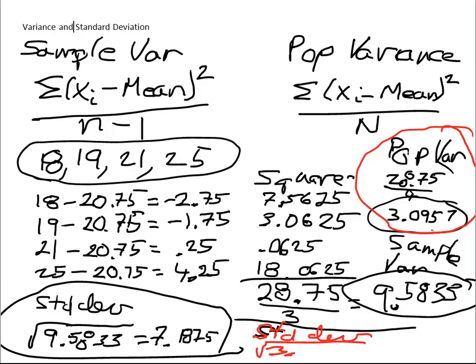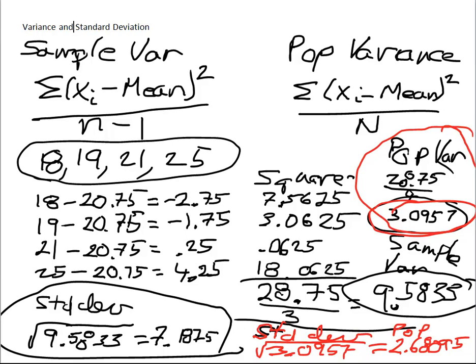I'm just taking this number right here, 7.1875, which is equal to what I calculate is 2.68095. So that's my standard deviation. This is for the population over here.